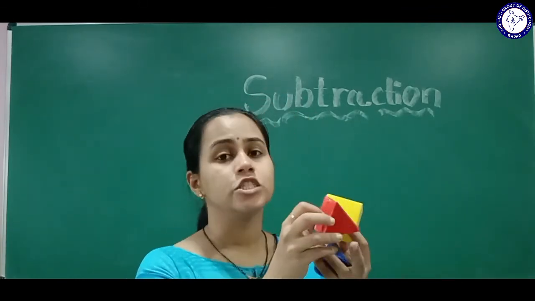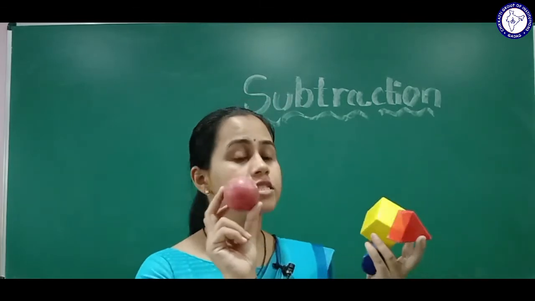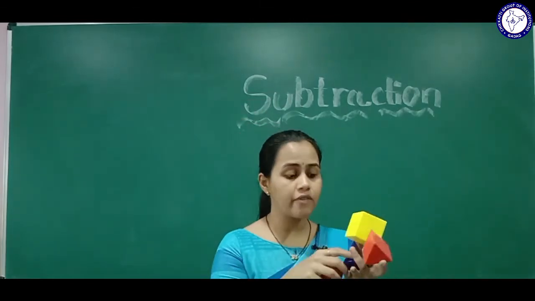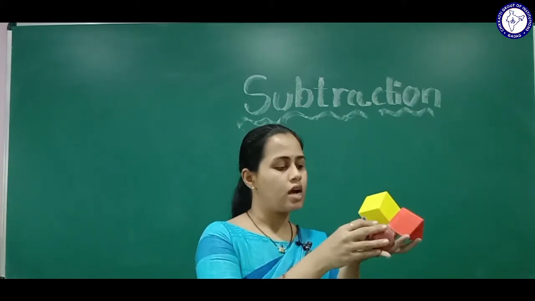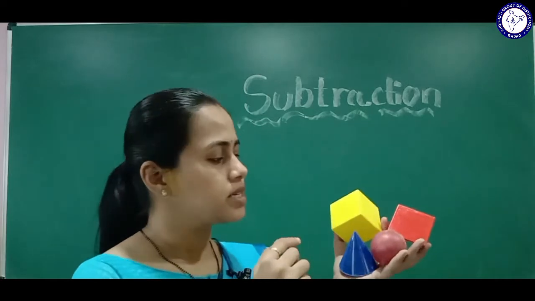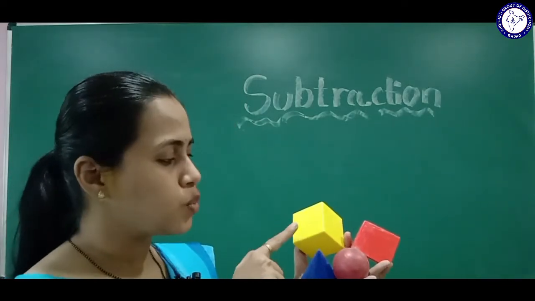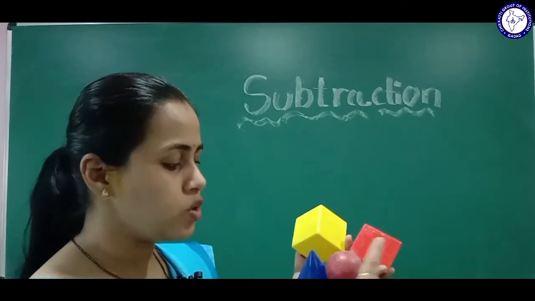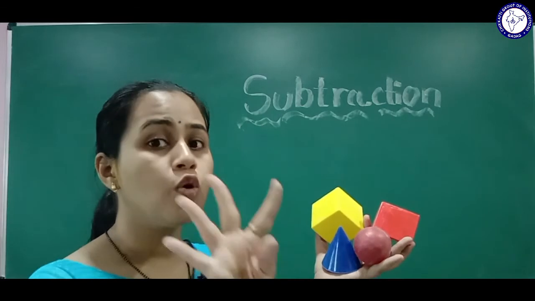This is a triangle. And here is a circle. How many shapes do I have now? Can you count? 1, 2, 3, 4.